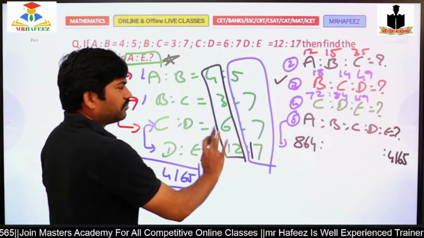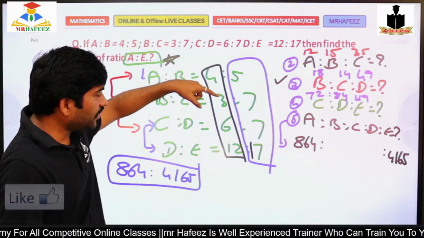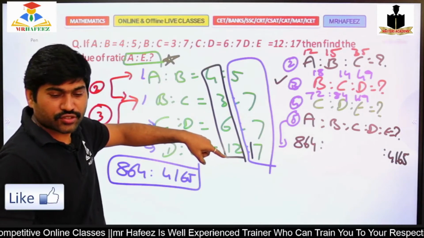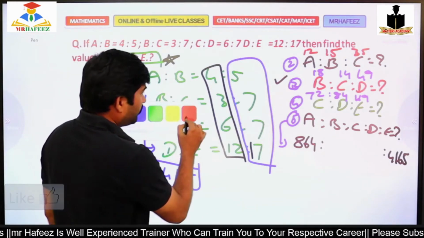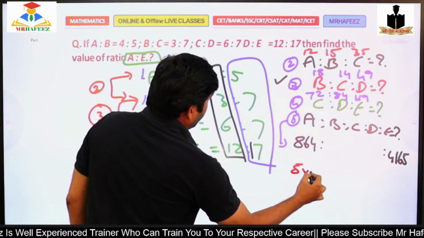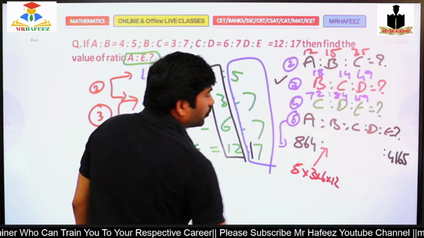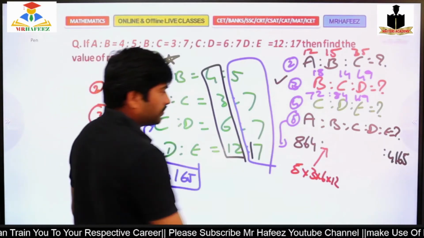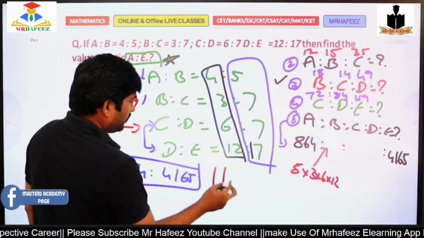Right? It's okay, we will do the first 5 and 3 into 6 into 12. So first 5 multiplied with first 5 times 3 times 6 times 12, you will get B. And next what will be C?